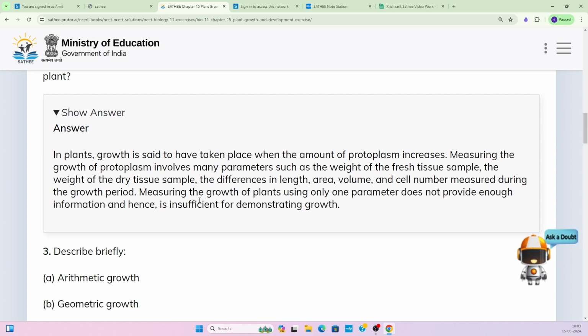In plants, growth is said to have taken place when the amount of protoplasm increases. When you see a cell, the protoplasm of the cell increases, and it increases in size, right?